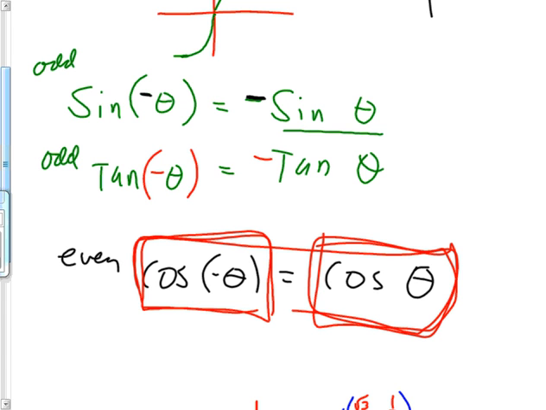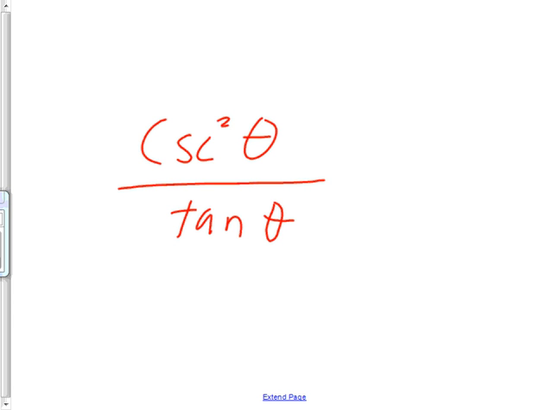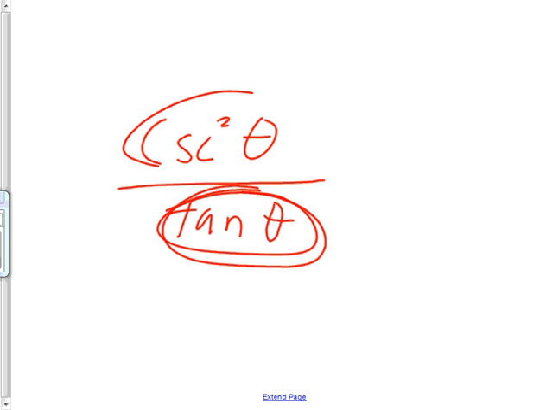But when you're running across a problem and you see something like cosecant squared theta over tangent theta, you have to be able to say, oh, well, some of the options are tangent I could replace with 1 over cotangent, right? Or tangent I could replace with sine over cosine. Cosecant squared sounds like that one, sine squared plus cosine squared equals 1.